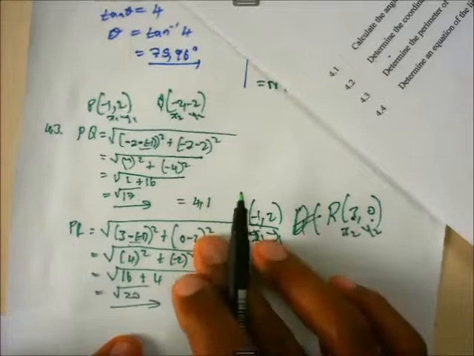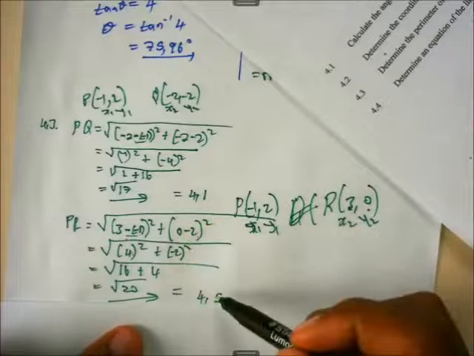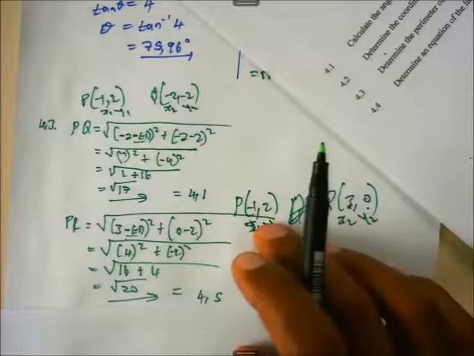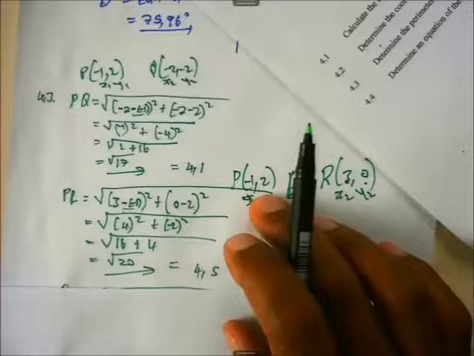When I add the 2, they give me 20. When I round it off to one decimal place, it's 4,5. That is the distance of PR.